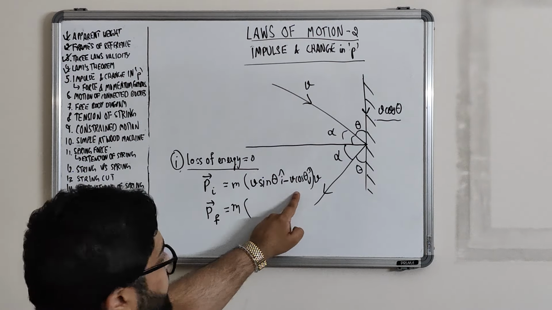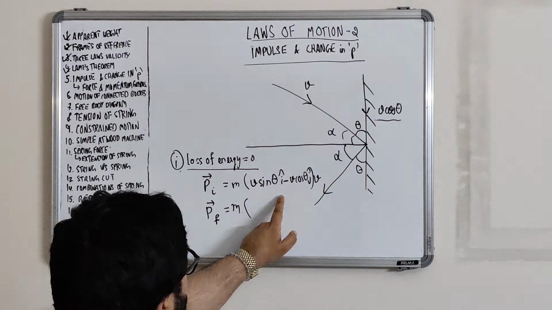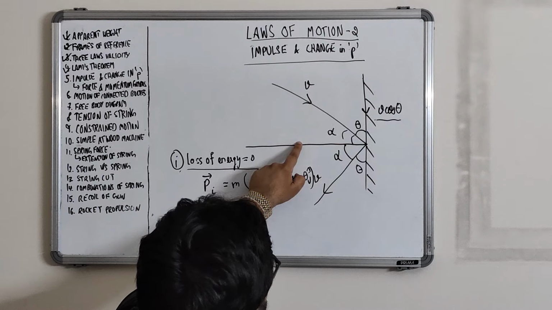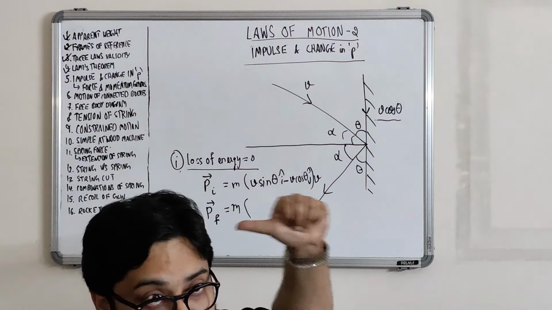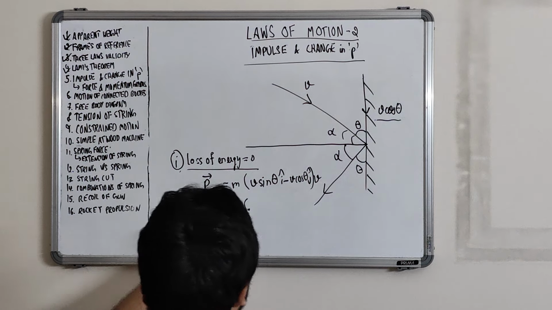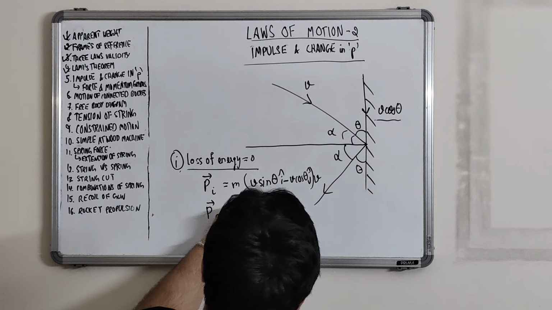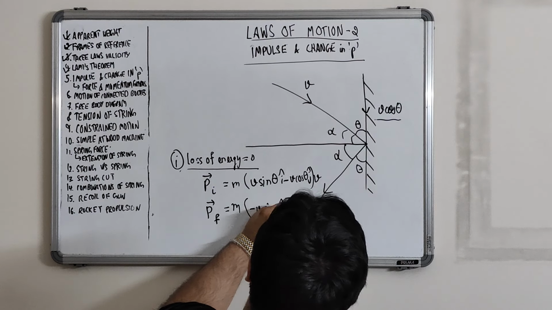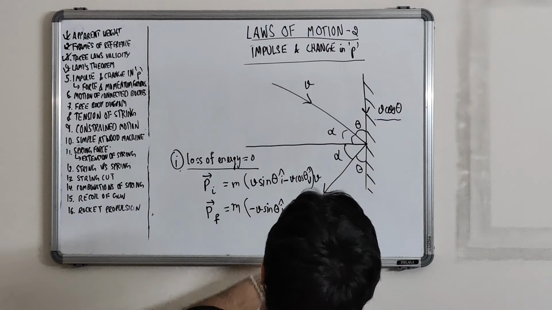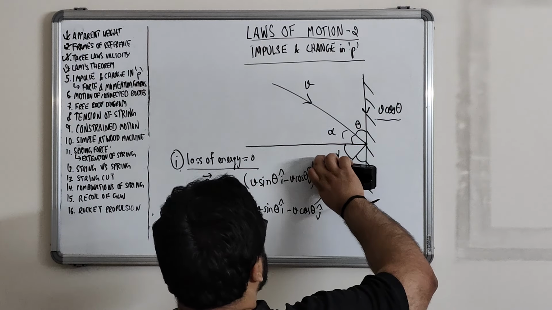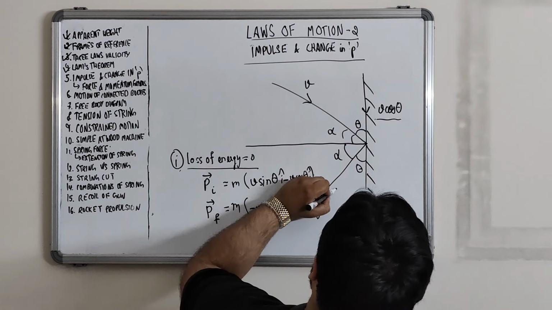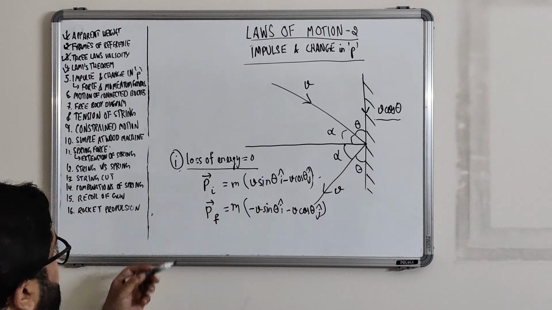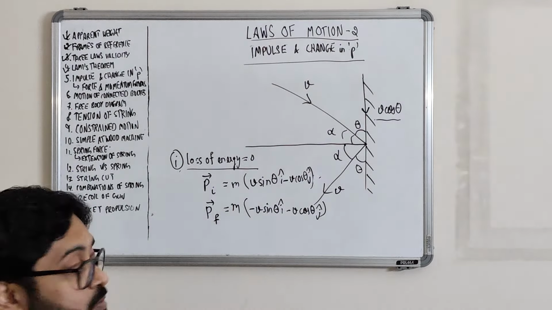So this remains as it is, but the x component is moving in the opposite direction. So this also becomes negative, and this becomes minus v sin theta i cap minus v cos theta j cap. Let me put it right here. So this becomes the final momentum.